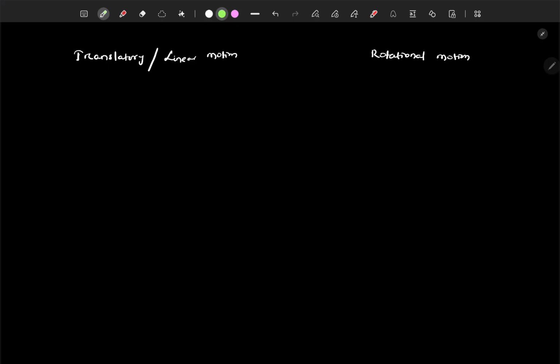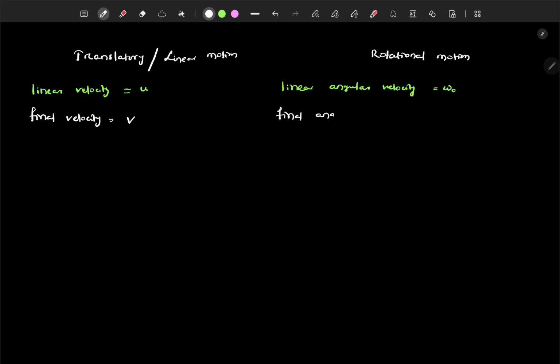In translatory motion, the linear velocity magnitude is u, and the angular velocity is omega naught. Next is final velocity, that is v, and the final angular velocity is omega.